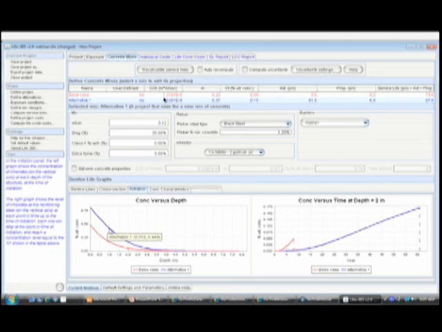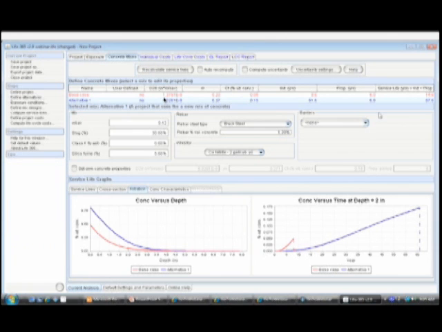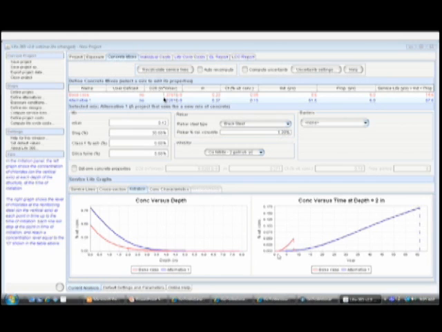So this is what the chloride levels look like. As you move your way down into the concrete, you've got very high levels at the surface and they reduce down, and it's really at the surface of the reinforcing that matters most. Now on the right hand side, it shows you at the surface at that depth of 2 inches what the buildup rate of chloride is.